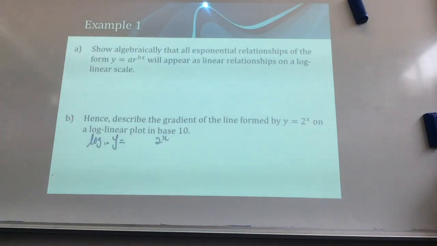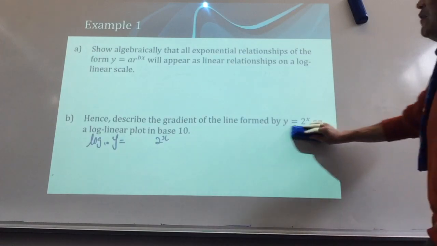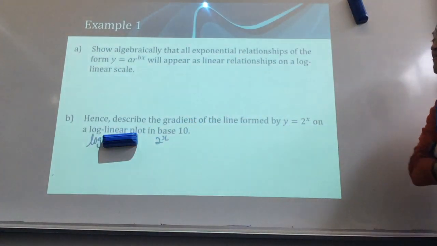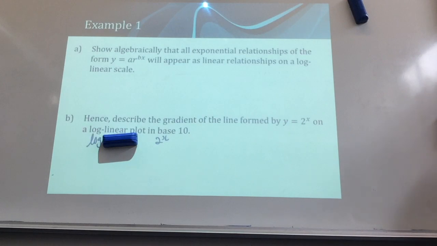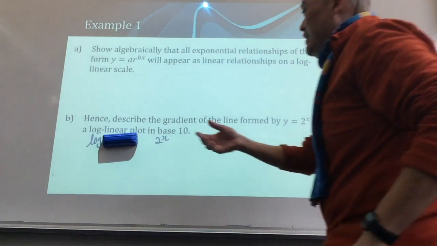Now, example 1. Can you show algebraically that all exponential relationships of the form y equals a r to the bx will appear as a linear relationship on a log linear scale? The way to do this is to take log base r of y on the left hand side and the right hand side.